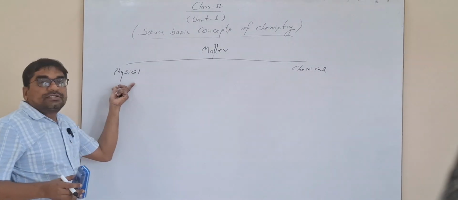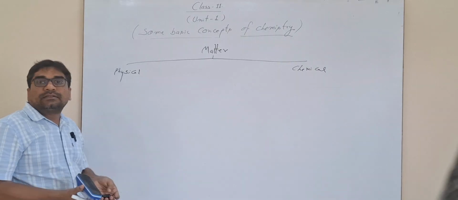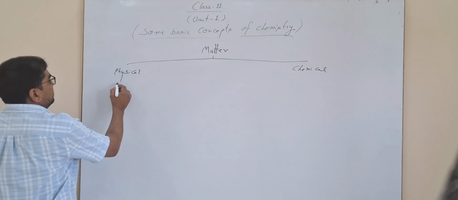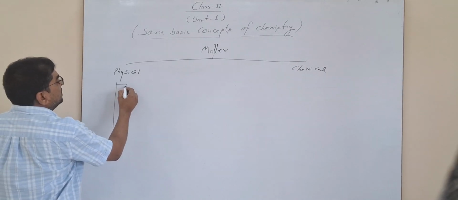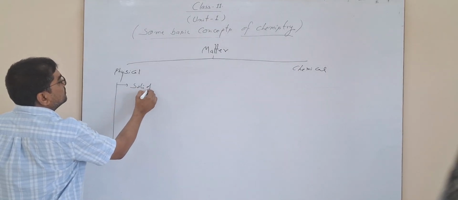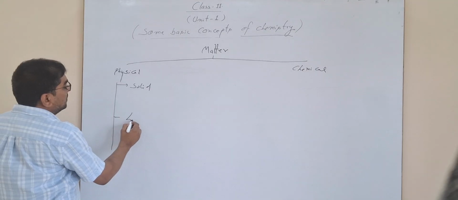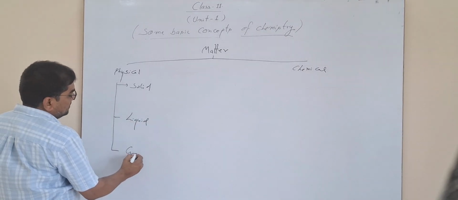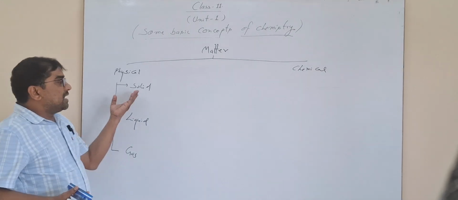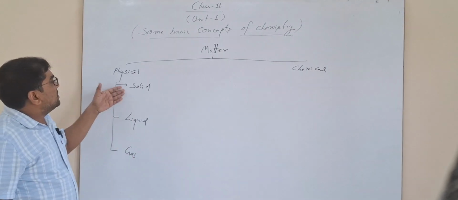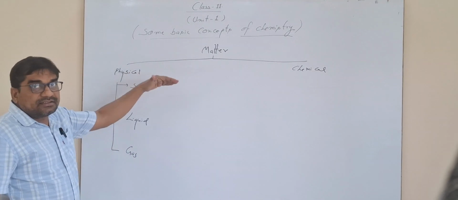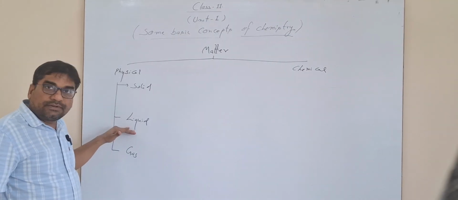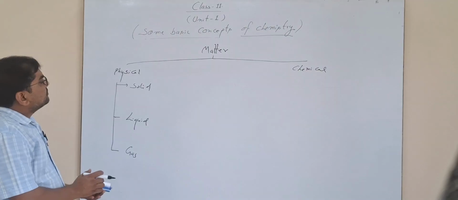Physical classification is based on matter that we see with the open eye, that is, whether it is a solid, or a liquid, or a gas. With open eyes, we can simply see and examine a matter physically, whether it is a solid, liquid, or a gas.